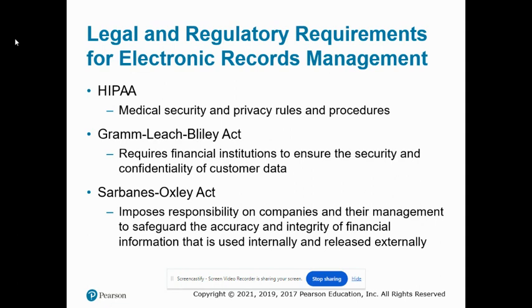Sarbanes-Oxley is fundamentally about ensuring that internal controls are in place to govern the creation and documentation of information in financial statements. Because managing this data involves information systems, firms must implement controls to make sure this information is accurate and to enforce integrity, confidentiality, and accuracy.